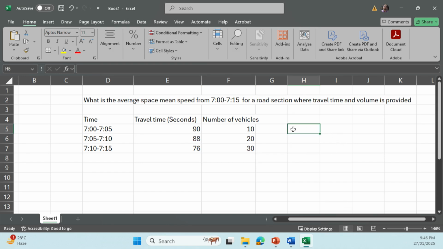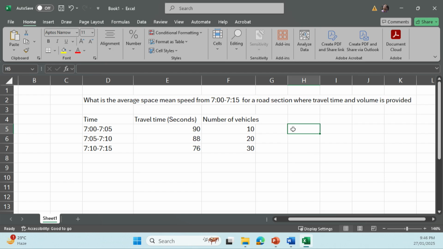Sorry? I don't know the answer. I will solve it now. Okay, so you have one answer, 63.5. The travel time is in seconds. Number of vehicles are the number of vehicles every 5 minutes. So from 7 to 7:05, we have 90 as the average travel time for those 10 vehicles. 7:05 to 7:10 is 88 seconds basically for 20 vehicles, and 7:10 to 7:15 is 76.